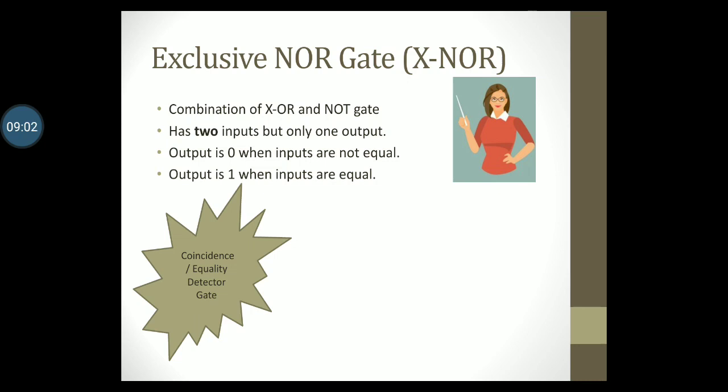It behaves in an interesting manner. It gives an output of 0 when the inputs are not equal, and it gives an output of 1 when inputs are equal. Because it behaves in this manner, it is given a nickname, coincidence or equality detector gate.